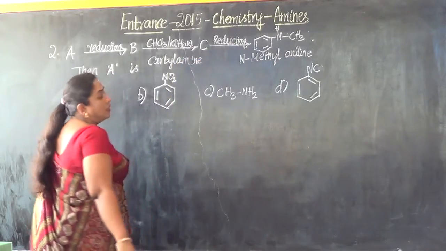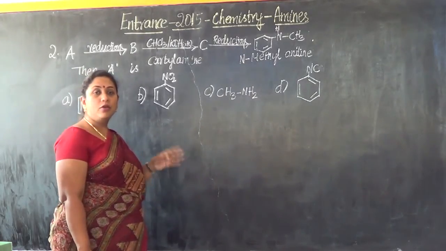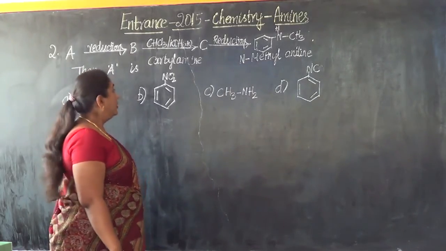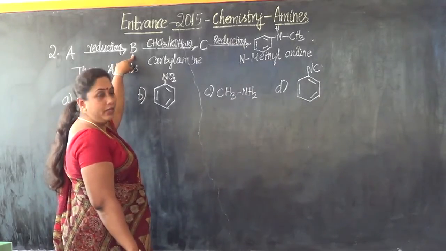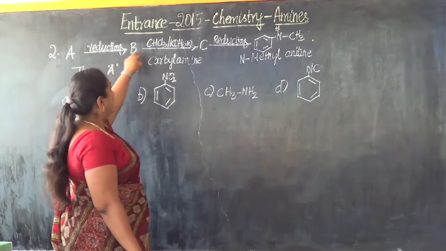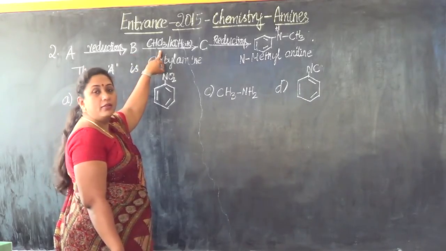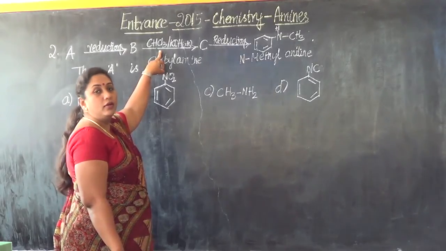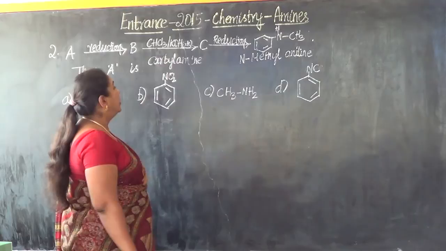This is a test used to find out the presence of primary amine. So definitely B should be a primary amine, because we are using the reagents for the carbylamine reaction, chloroform and alcoholic KOH.